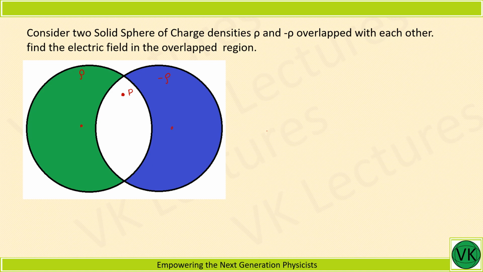These are the two centers, and from this center to the point you have R plus, indicating the vector in the positive density region, and here you have R minus, a vector in this direction.